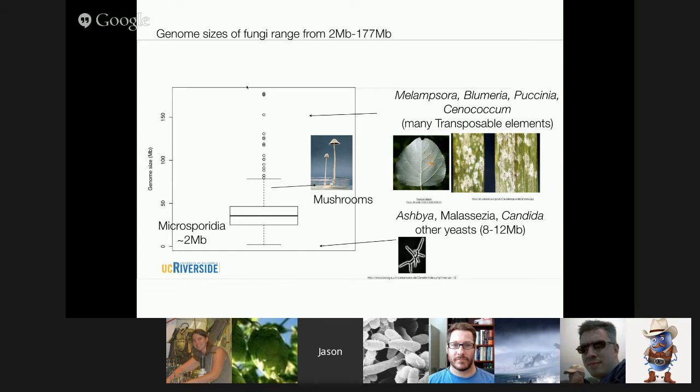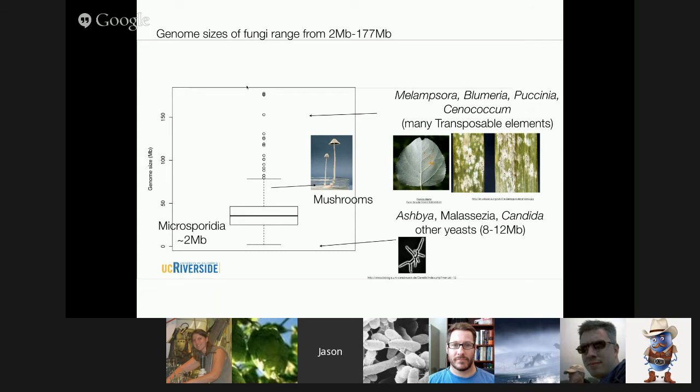A lot of times some of the plant pathogens also tend to have a high number of transposable elements, and then you have some of the genomes that are extremely reduced, like Microsporidia and some of the yeast. Microsporidia is very reduced, only about 2 megabases at the smallest end, and some of the yeasts are in the lower end of the 8 to 12 megabase range.